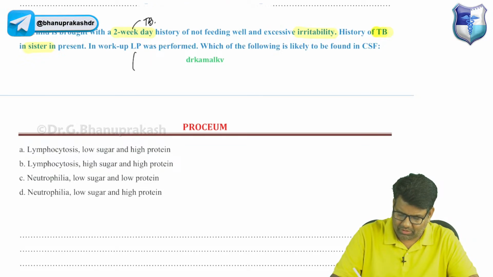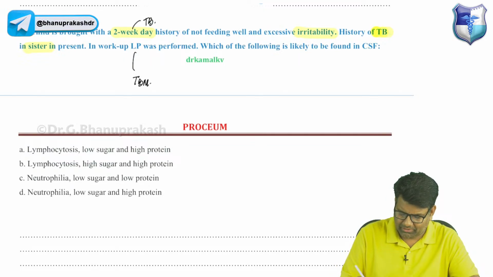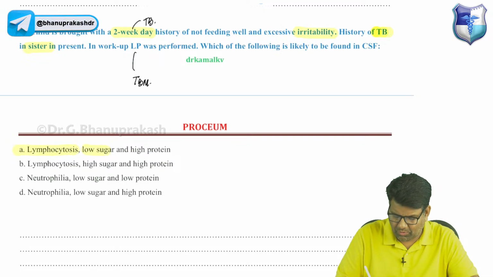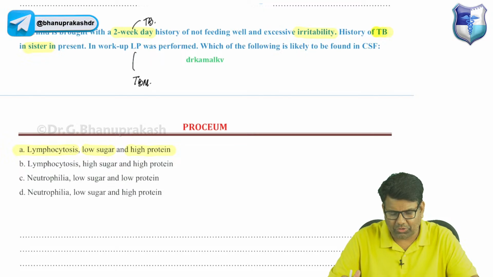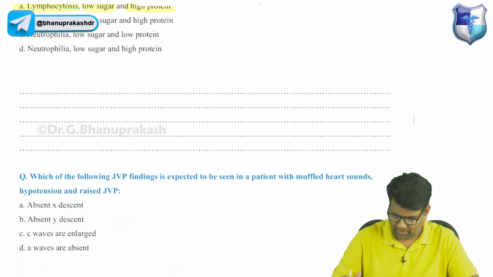So in lumbar puncture, we can have a picture of tuberculous meningitis, which will be lymphocytosis, low sugar and high protein. Very good.